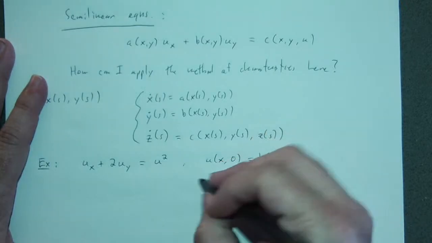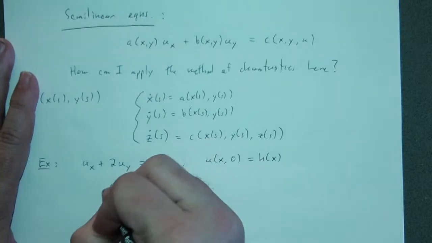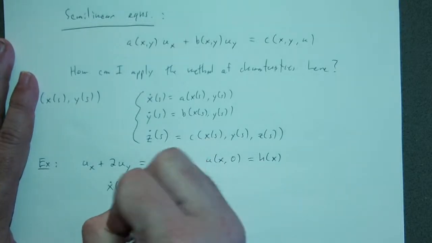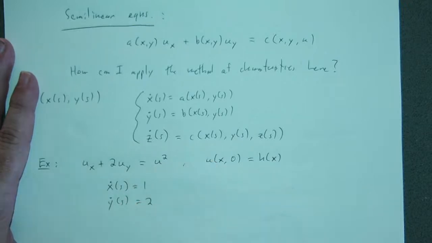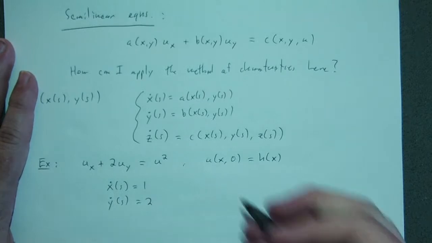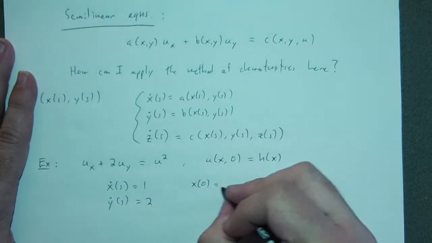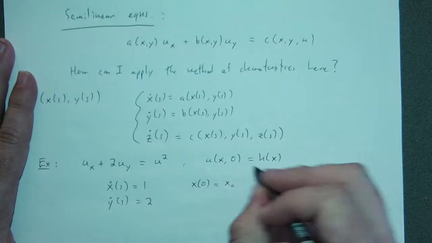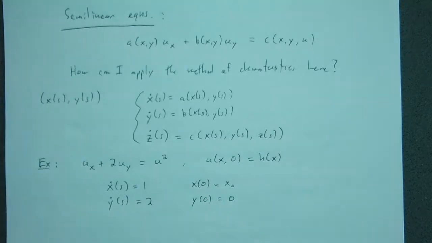So again, we're solving the characteristic equations. So what are my characteristic equations here? My characteristic equations are x dot of s is equal to 1 and y dot of s is equal to 2. We're solving these two with initial conditions x of 0 is x naught and y of 0 is 0, like we did in a lot of our previous examples.